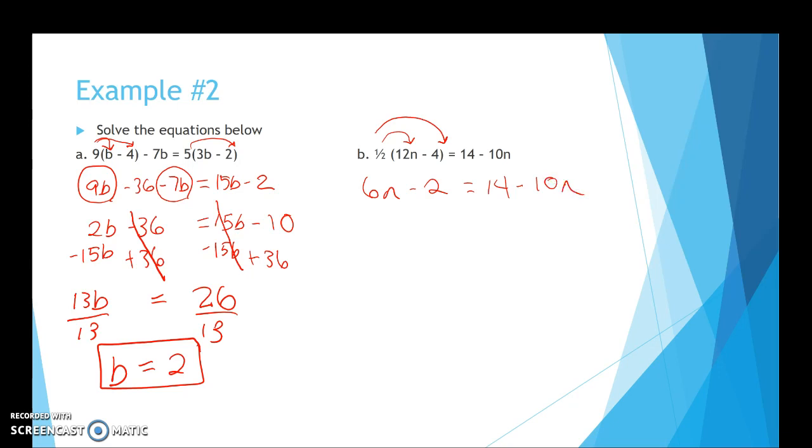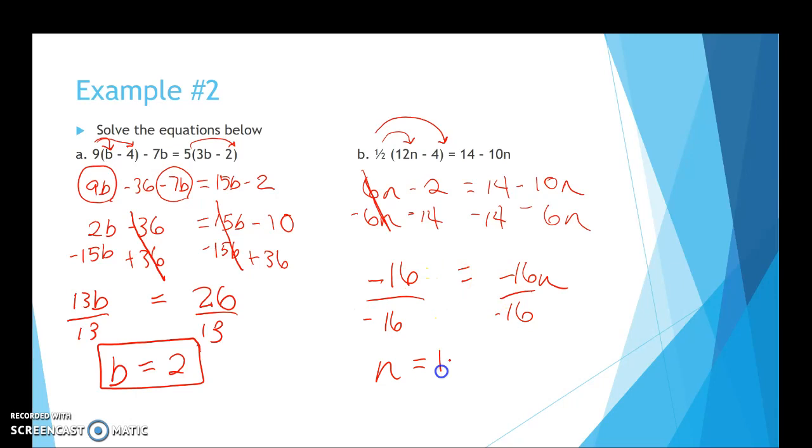So what I'm going to do here is subtract 6n from the left, and I'll subtract 6n from the right. On the left, the 6n cancels. I'm going to now subtract 14 from both sides. Negative 2 and negative 14 is going to give me negative 16 equals negative 16n. I'll divide both sides by negative 16. And n equals positive 1, and that'll be my answer.